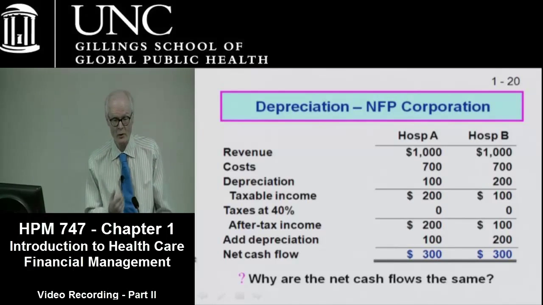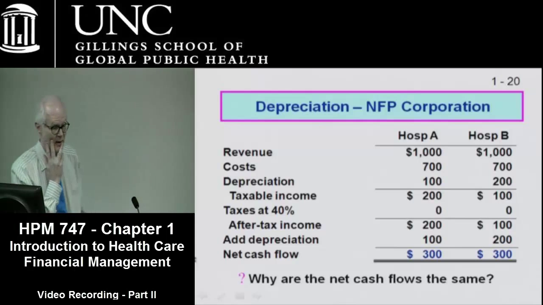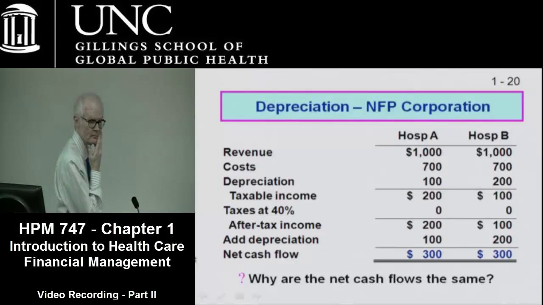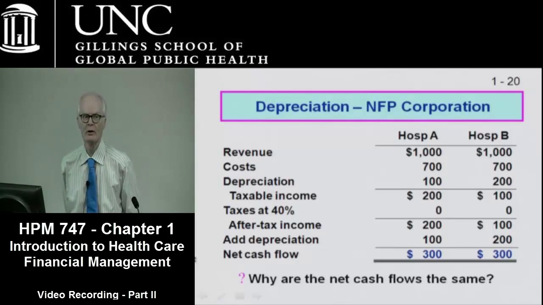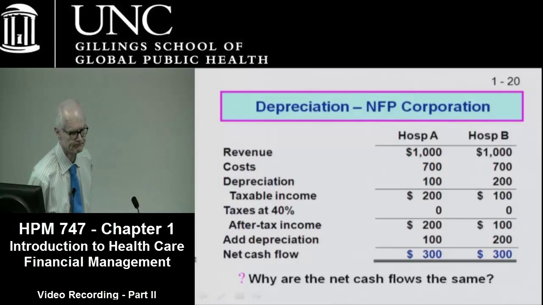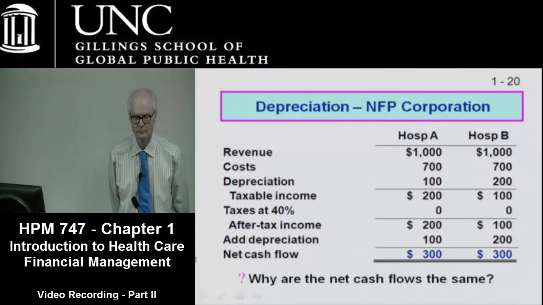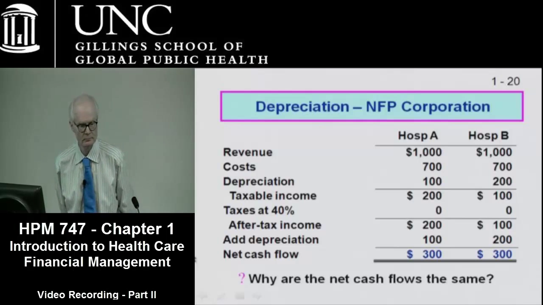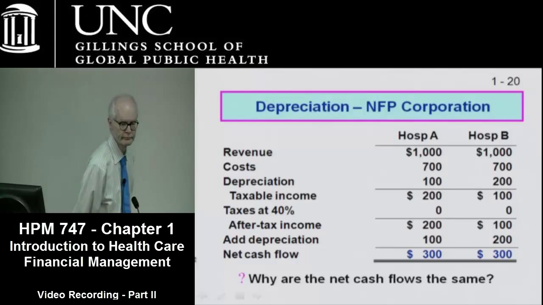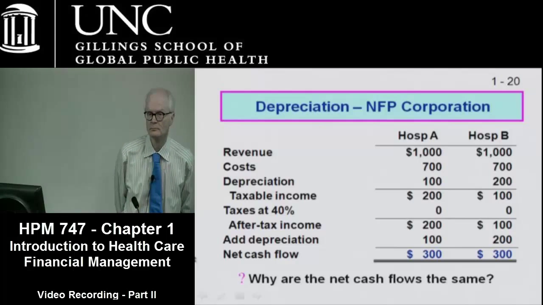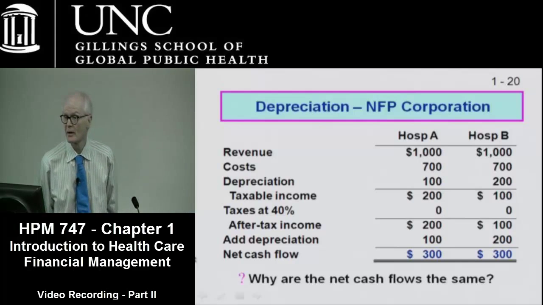Here's a not-for-profit corporation. So I'm not going to go through it, just tell me what you think. What's going on here? Not the same result, is it? So why are the net cash flows the same?